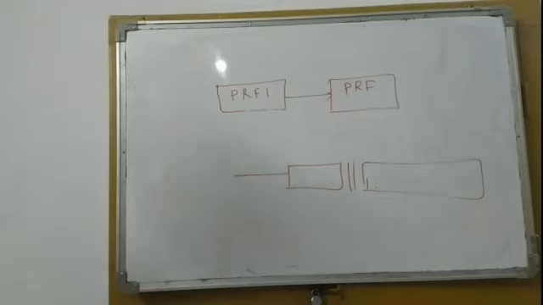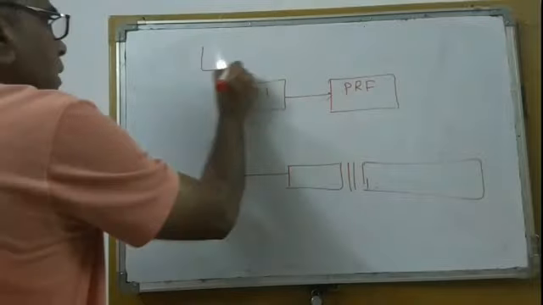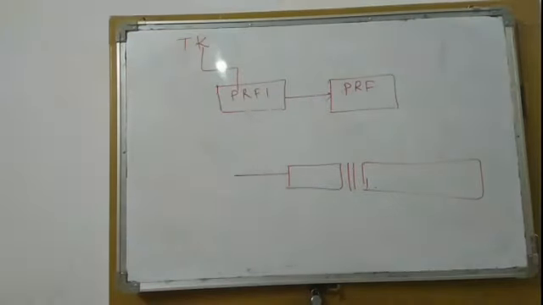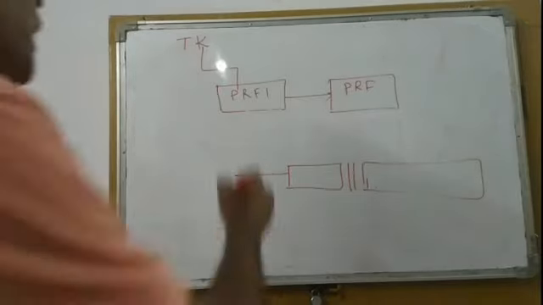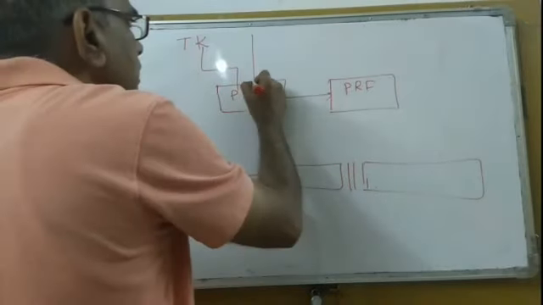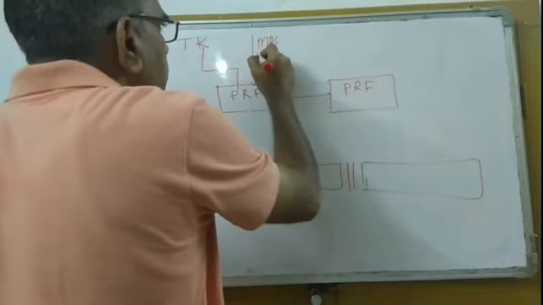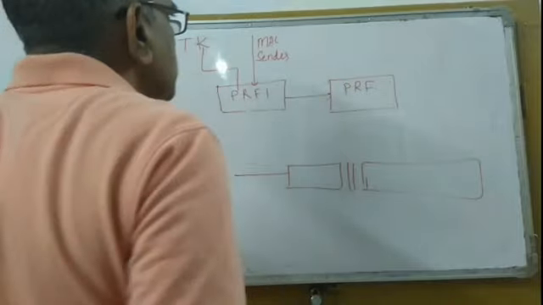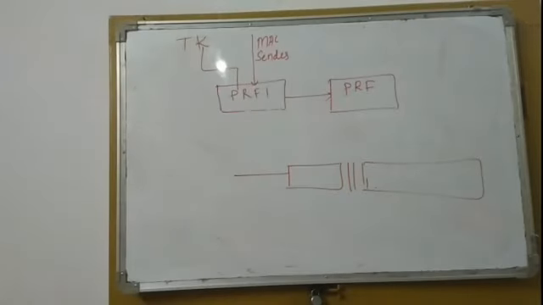So the PRF1 function basically generates an 80-bit output. This 80-bit output is obtained from the temporal key, TK, which is going to be used, then the MAC address of the sender, which is 48 bits long, and then the sequence number.